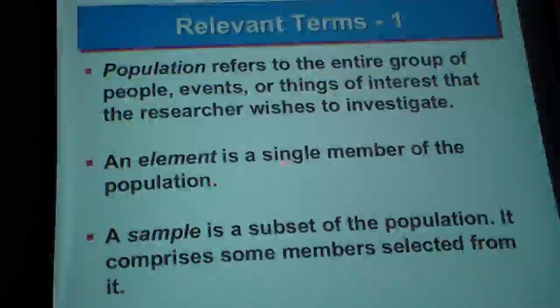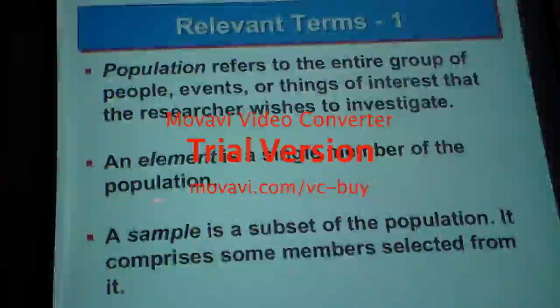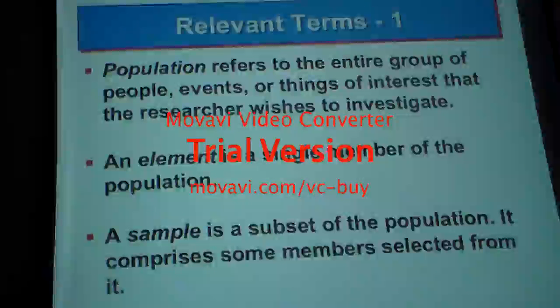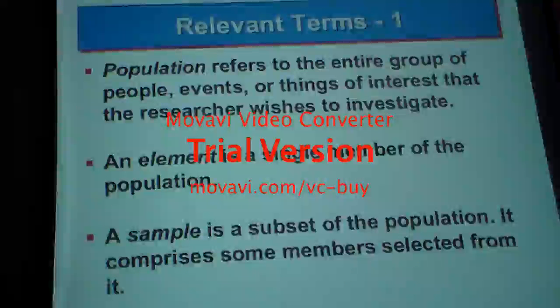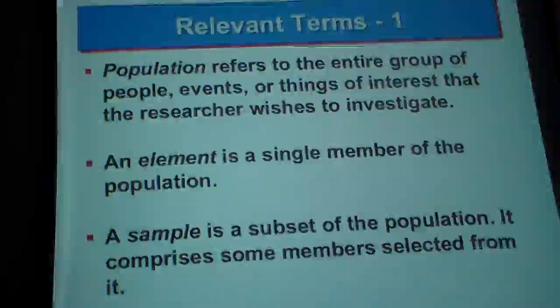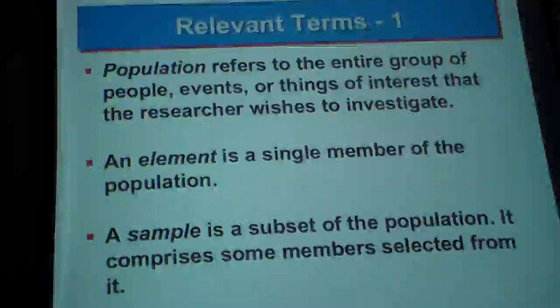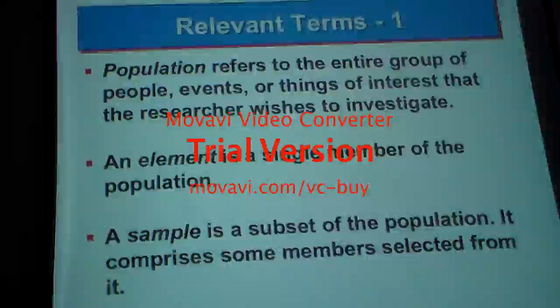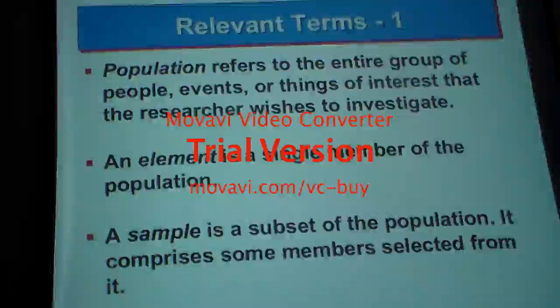An element is a single member of the population, so it's one unit. A sample is a subset of the population. So if this is our population, the sample could be a subset. This is our sample.